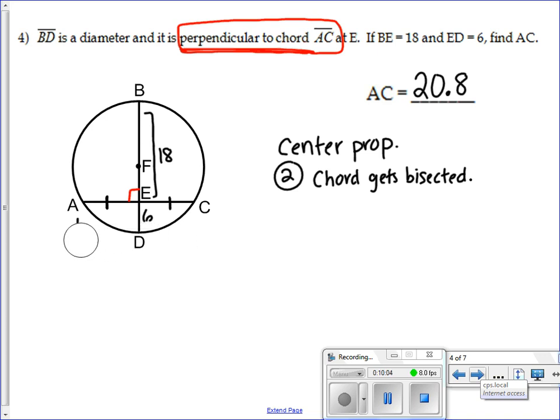So what I'm going to do right now is I'm going to erase this x. I'm going to call this x, and this will also be x. And then to find AC, I'll just add them up. So how do you think we can now find x? Well, you'll notice we've been given segment lengths.